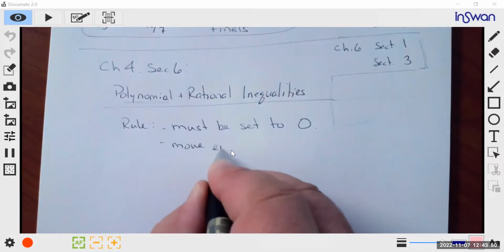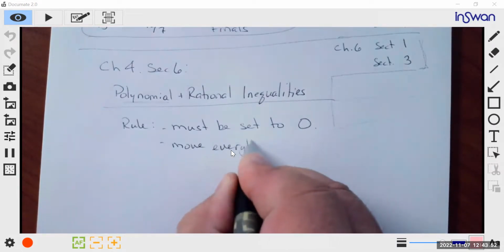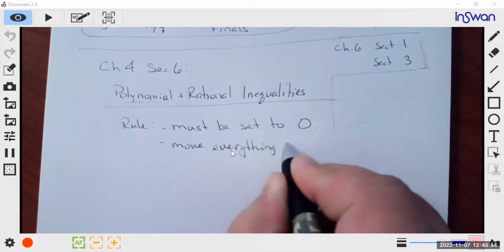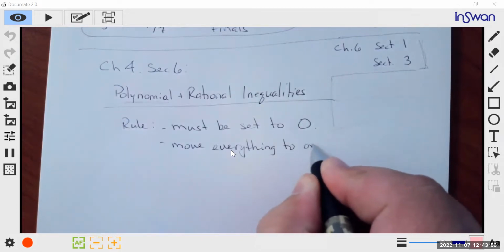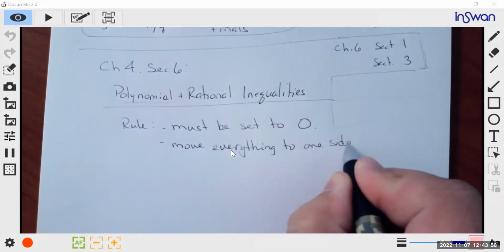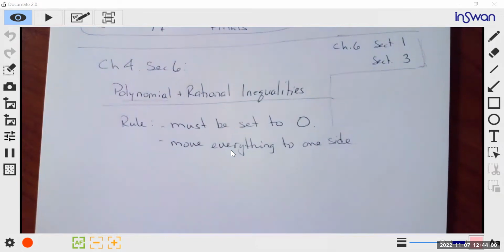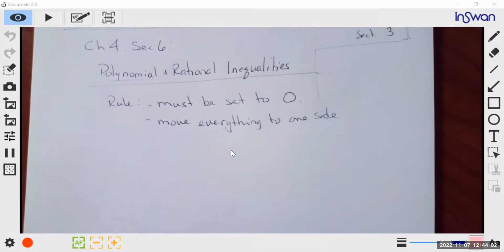So move everything to one side. And we're only dealing with inequalities, not solving polynomials, which makes it a lot easier.